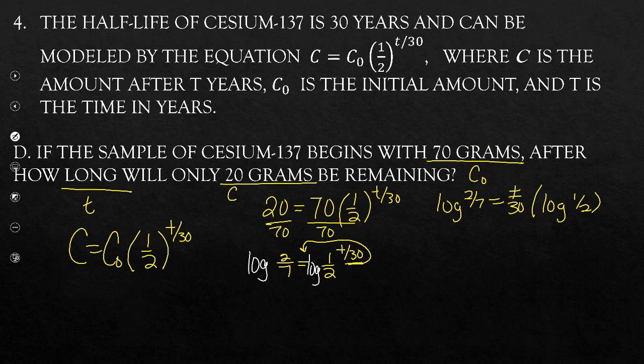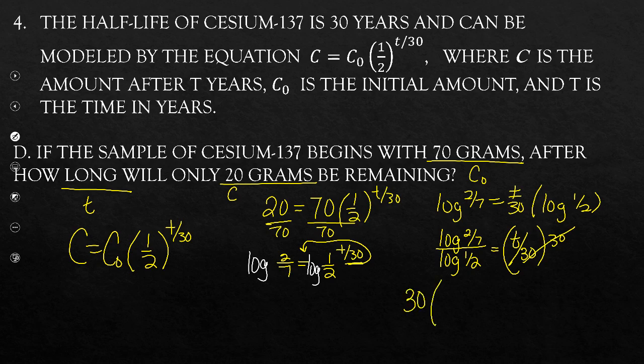We are going to divide both sides of the equation by log of 1/2. So I have log of 2/7 divided by log of 1/2 equals t over 30, and multiply both sides of the equation now by 30 so you can isolate the time. So in your calculator, you're going to type 30 multiplied by log of 2/7 divided by log of 1/2, and that should give us our time.